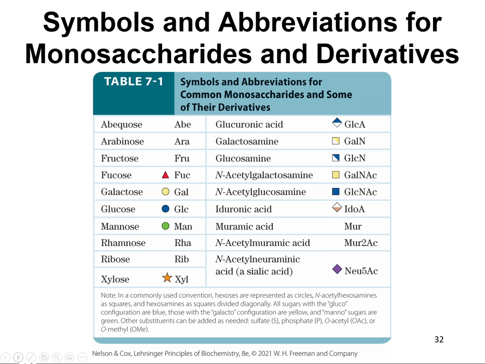And instead of drawing out all the structures, which is really space consuming, you've got all of these little symbols or abbreviations that you can use to indicate the sugars. So these are common conventions. Again, you don't need to memorize these, but if you're looking at a paper talking about the structure of a protein and you see these symbols, then you'll be able to recognize them.